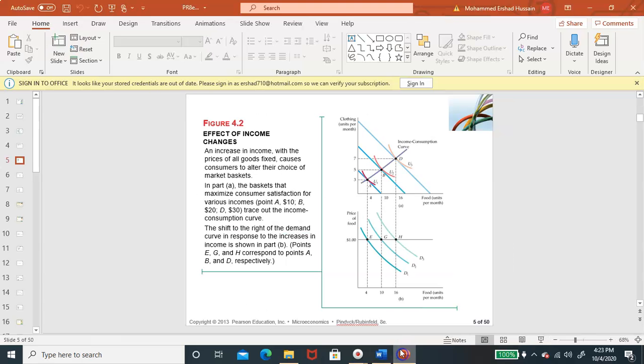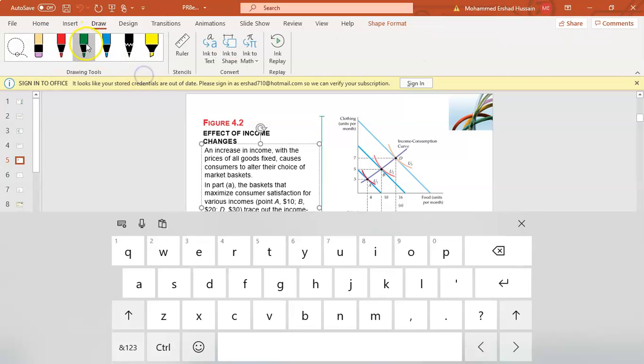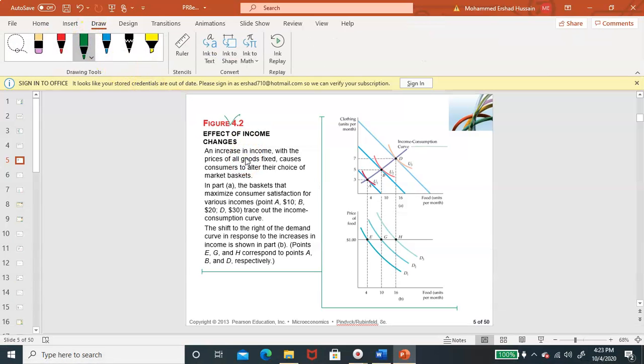So let us take a look at price. Here in this slide you can see that this is the price consumption curve, right? So this price consumption curve is showing us the consumer's equilibrium at a different level of, this is an income consumption curve.